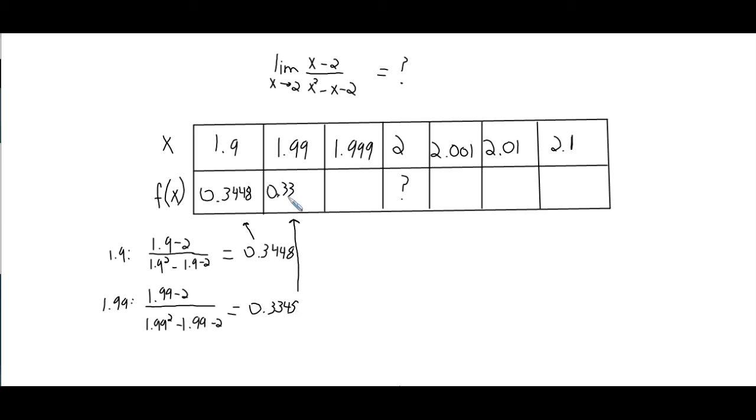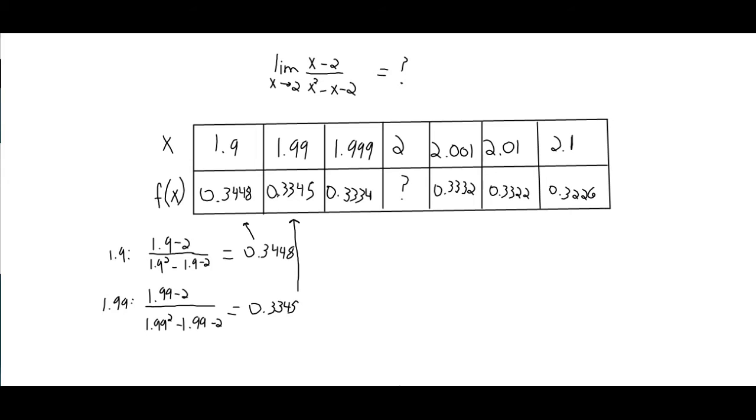And now I'm not going to do this for every single value. That would take too long and that'd just be boring. So for 1.999, it is 0.3334. For 2.001, it's 0.3332, 2.01 is 0.3322, and 2.1 is that. So let's take a minute and look at this.